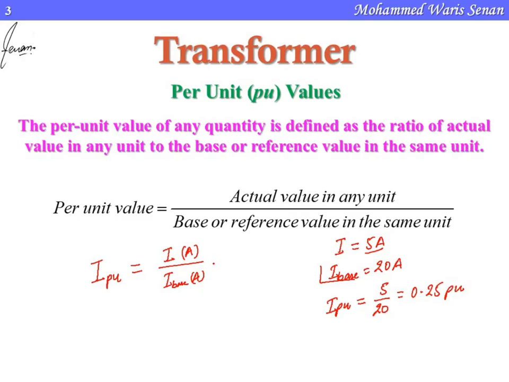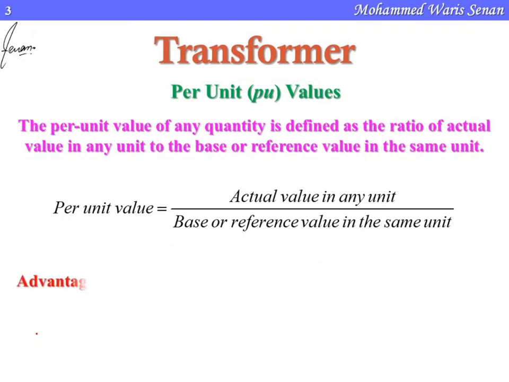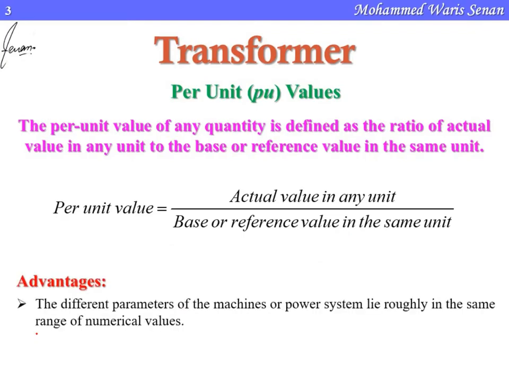Okay, so there are two main advantages of using this per unit system. The first one is that the different parameters of machines or power system lie roughly in the same range of numerical values. We will see later on that the per unit values of different parameters of any system lie under a very narrow range.